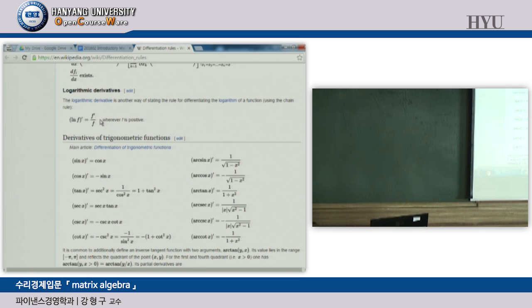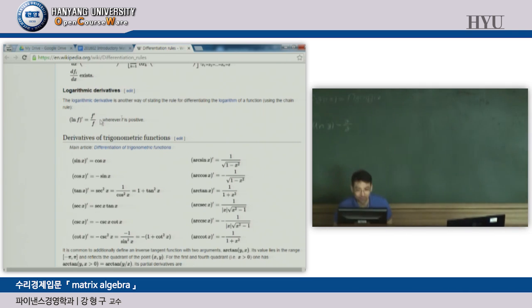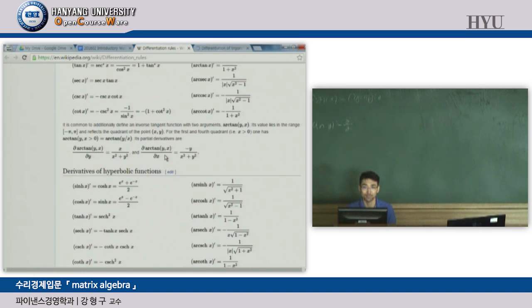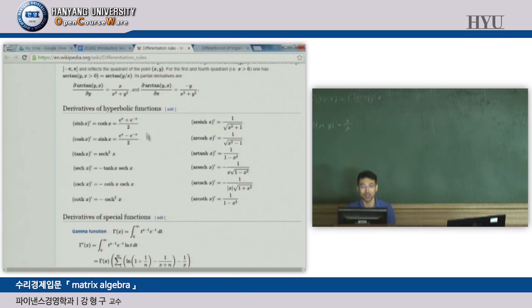You can prove this more rigorously. It's possible to prove this one rigorously. I can explain it to you later. Differentiation of trigonometric functions. And the table of hyperbolic functions, well, you can forget about it.